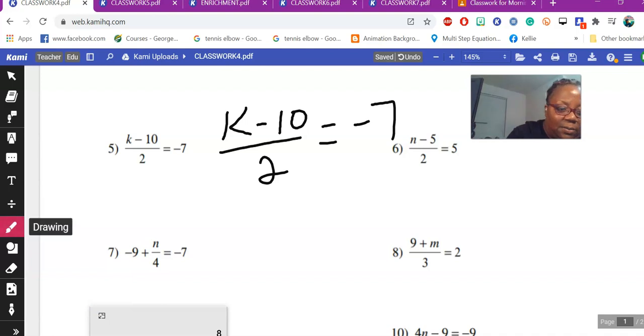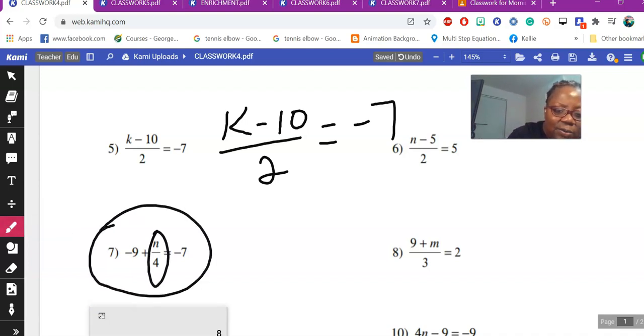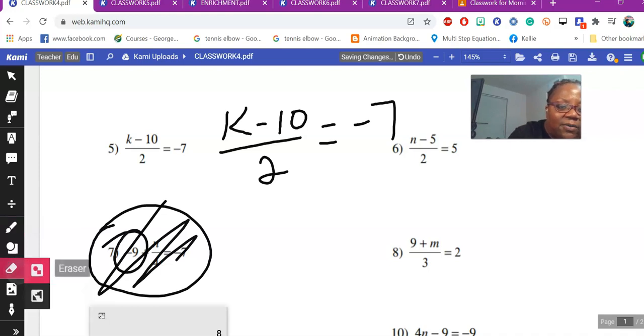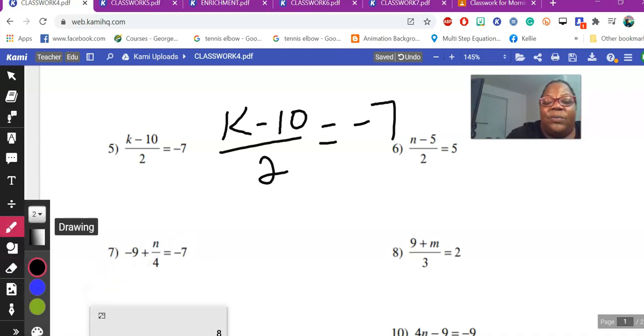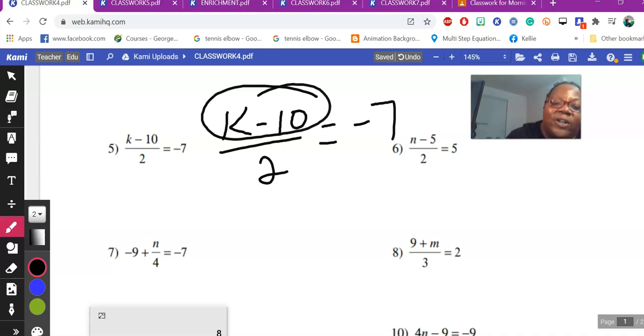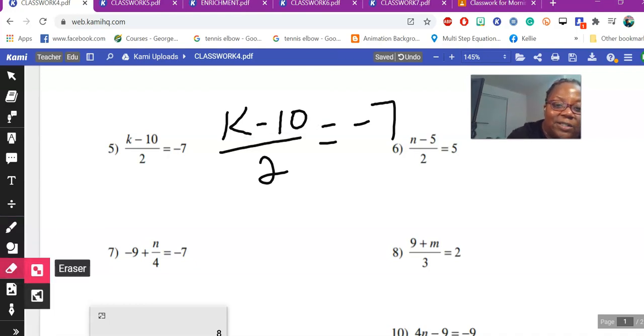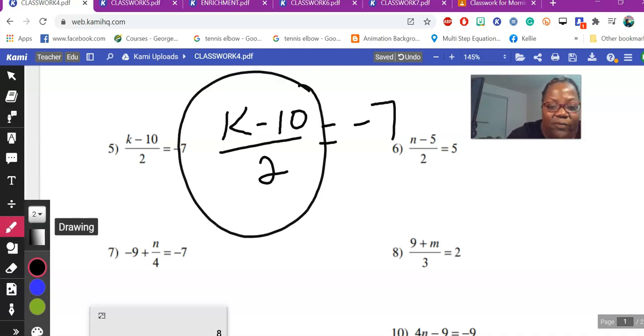So again, review, with these type of problems, you can't do this first. You have to do this first, right? When it comes to funky fractions, you can't do this first because the fraction is in the way. So that means you actually do the fraction part first.